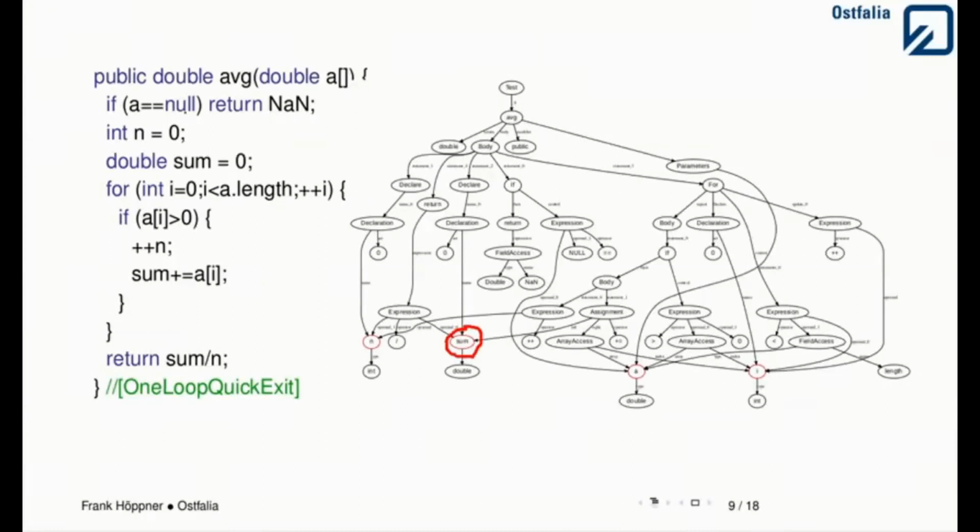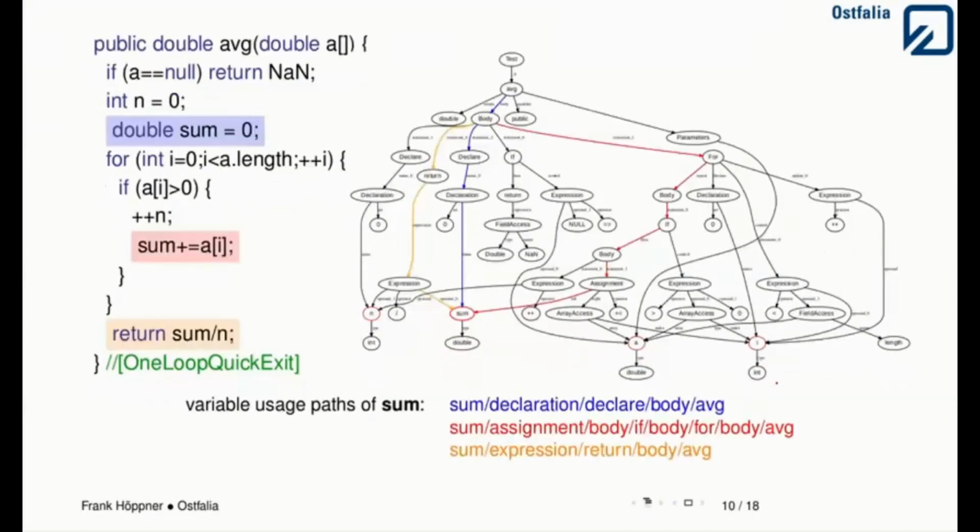We have 4 variables here, a, n, sum, and i, and they have been marked by red nodes in the graph. So let's focus on the variable sum. It occurs 3 times in the code: declared, incremented, and part of a return statement. And we can represent these 3 usages of sum as paths in the graph.